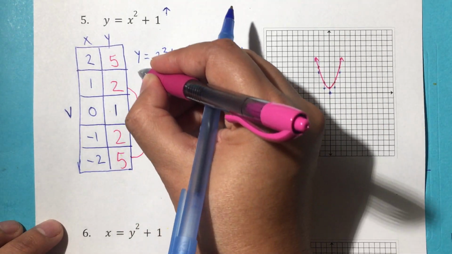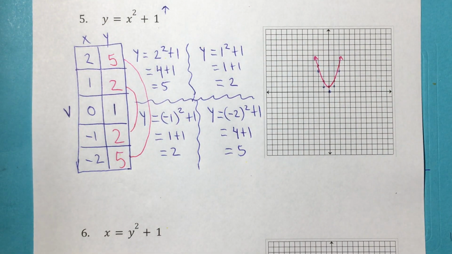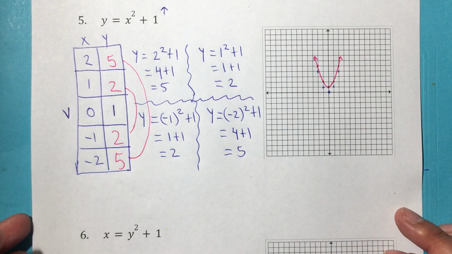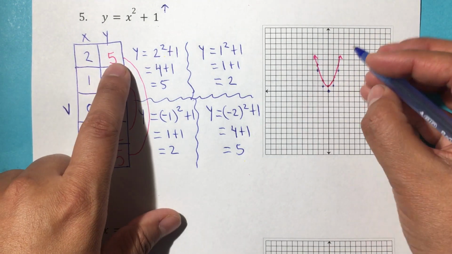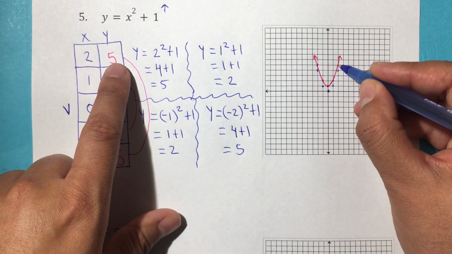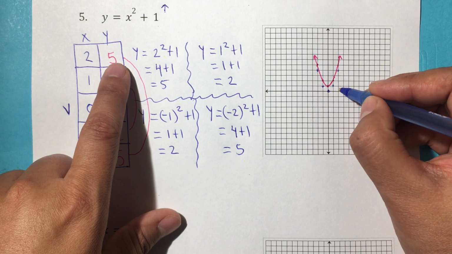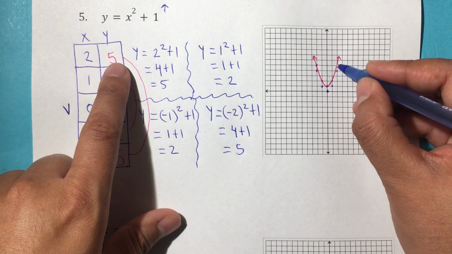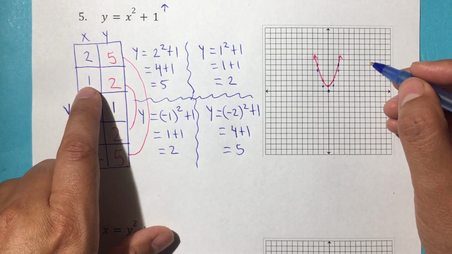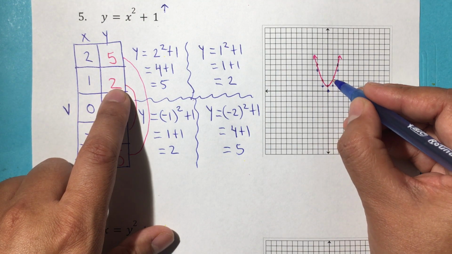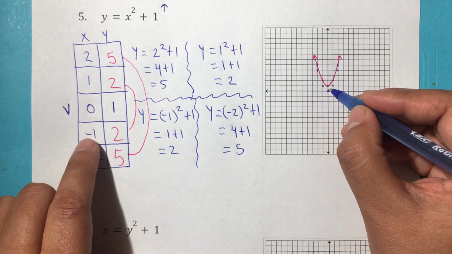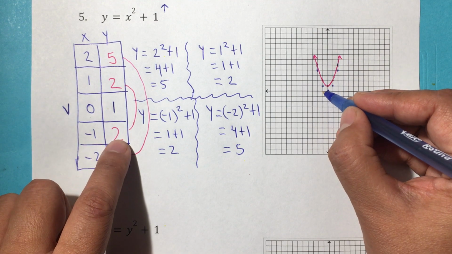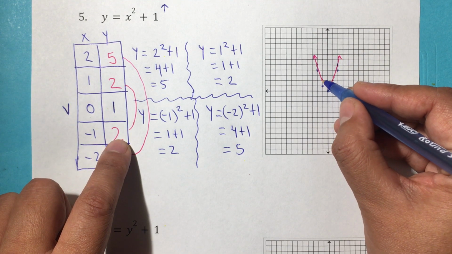And again, remember that because they're symmetric, they have to look the same. And so 2, 5 is right there. So 1, 2 is right there. 0, 1 is right there. -1, +2 right there.